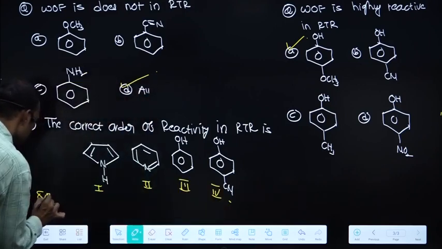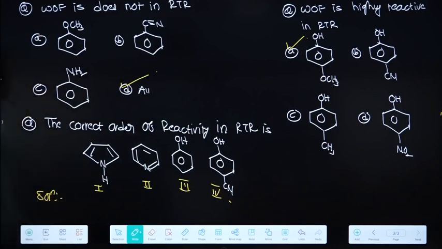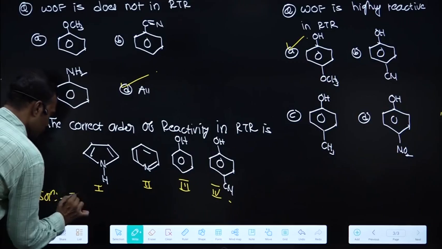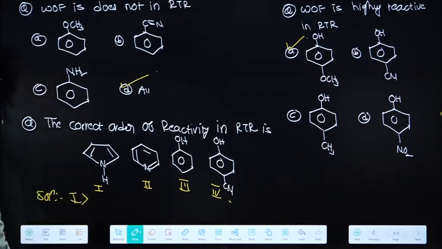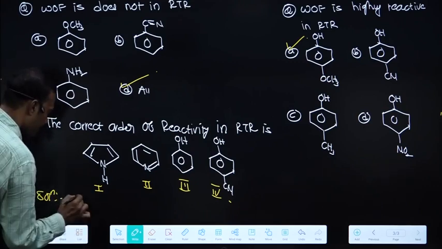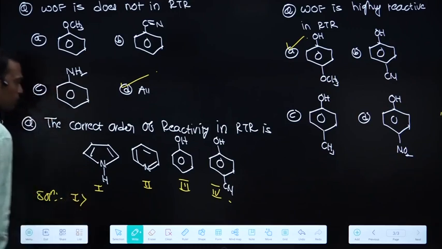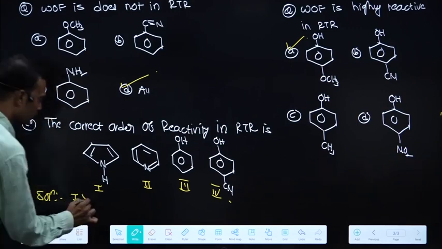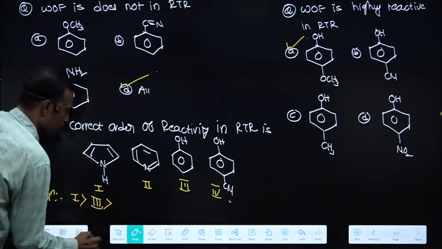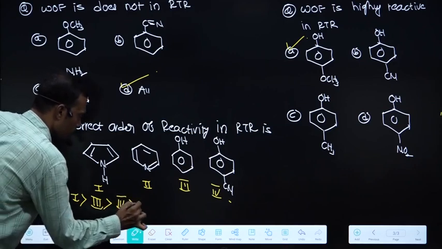So no options, write the answer. The correct order of reactivity in the Reimer-Tiemann reaction, write the correct order of reactivity. Which is more reactive? First one is more reactive than third one. Third one is more reactive than fourth one. Fourth one is more reactive than second one.